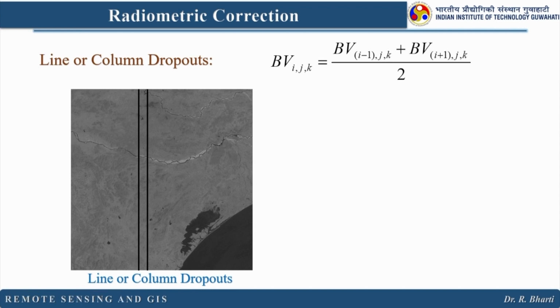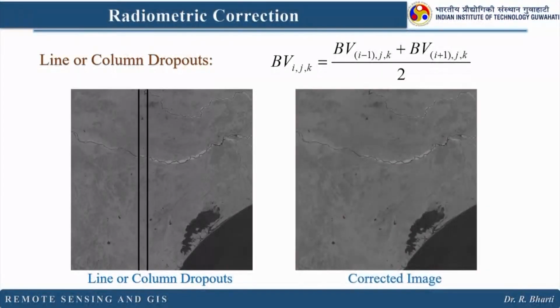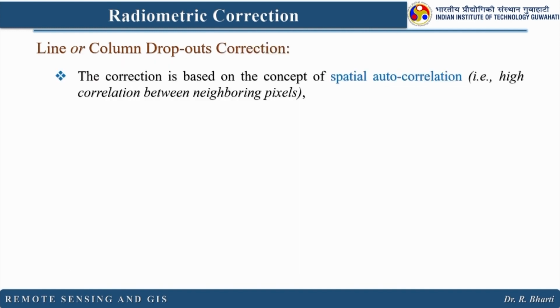So here what we do is take the preceding and succeeding lines, take the average, and replace the central pixels, right? Then you will find your data is without this particular error. The correction is based on the concept of spatial autocorrelation, that is, high correlation between neighboring pixels.